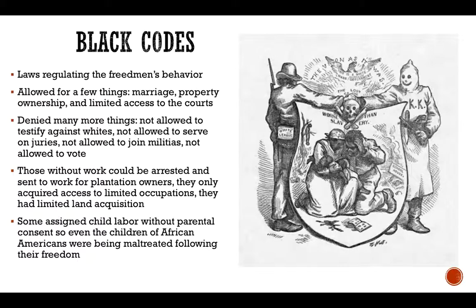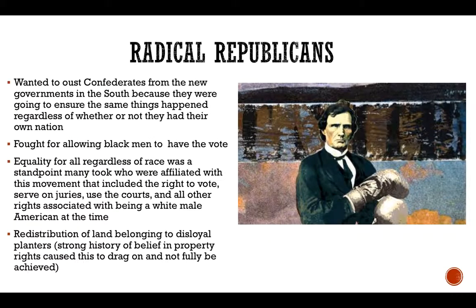Some assigned child labor without parental consent, and this meant that children of African Americans were being maltreated following their freedom as well. So assigning children labor against the wishes of their parents doesn't quite sound like what most of us would consider to be freedom.